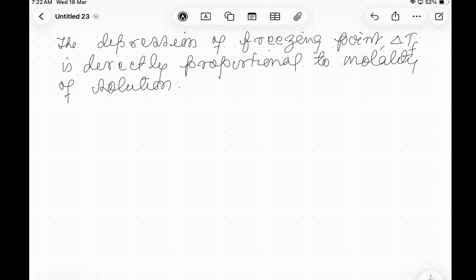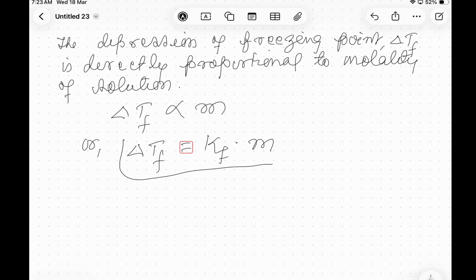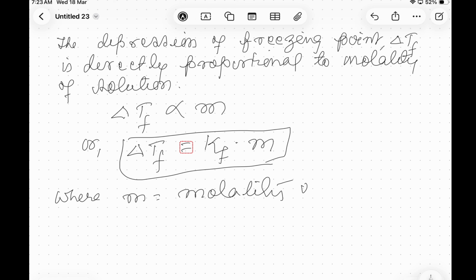It means delta TF is directly proportional to m, or delta TF is equal to KF into m, where m is molality of solution.